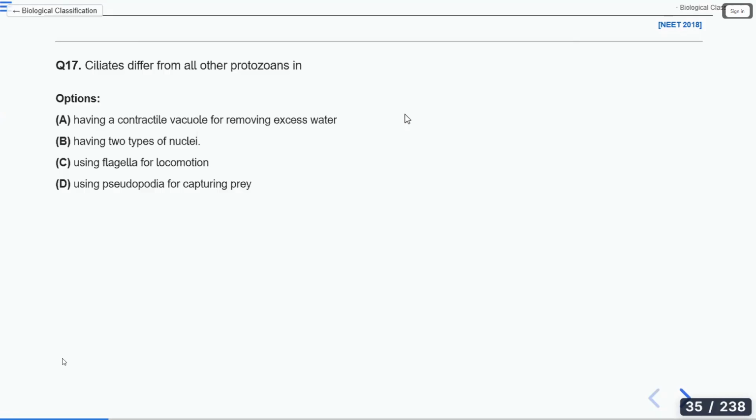Where can you see it? Euglena. Okay. Actually, you can see this contractile vacuole in amoeba and paramecium.